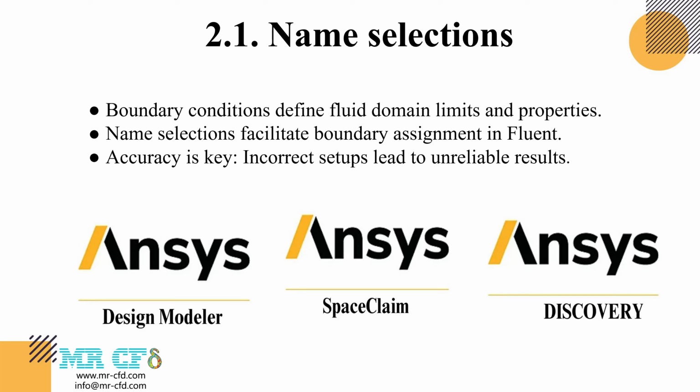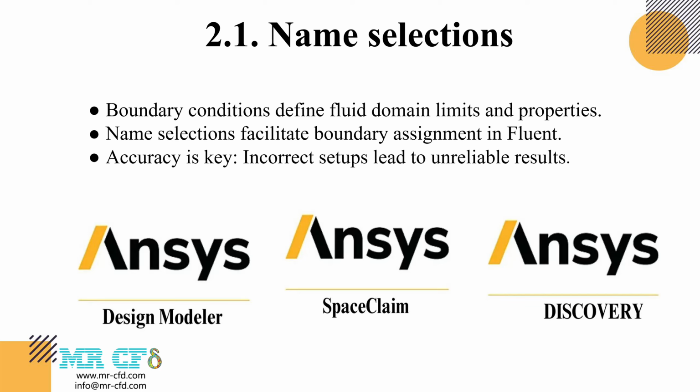Accurate name selections allow you to easily assign these defined boundaries to your mesh in Fluent, ensuring that your simulation accurately reflects the physical reality of your model. Without correctly defined boundary conditions and name selections, your Fluent simulation will produce inaccurate and unreliable results.